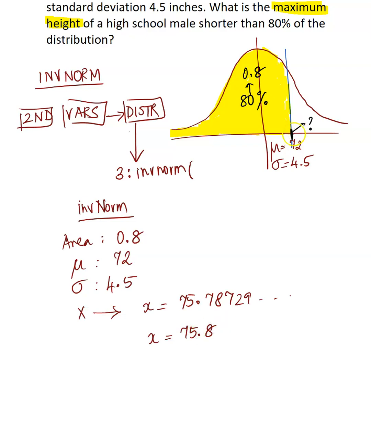So that is the height. 75.8 inches is the maximum height that separates the lower 80% from the upper 20%. Does that make sense? So we are able to find that borderline, that value that separates these two.